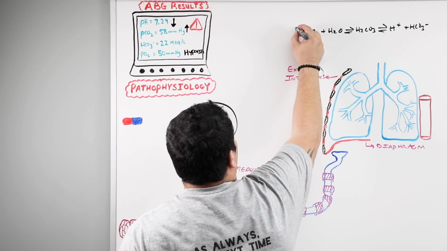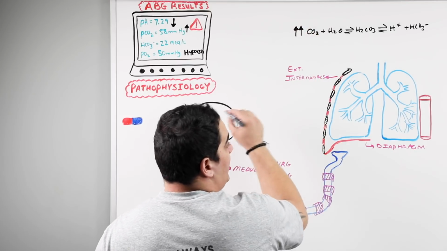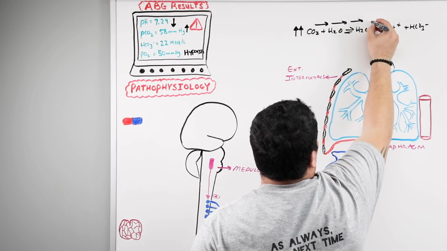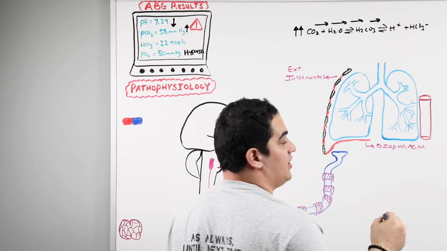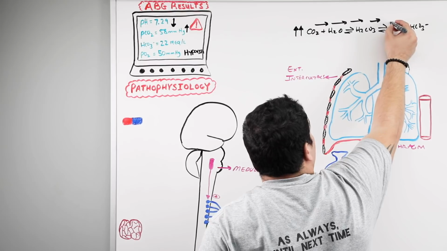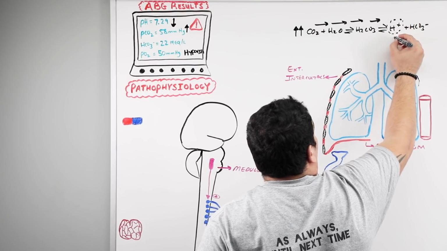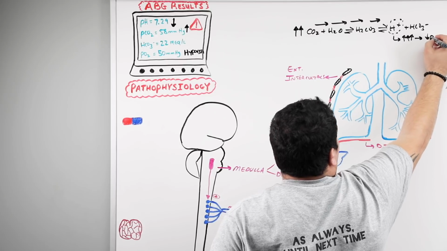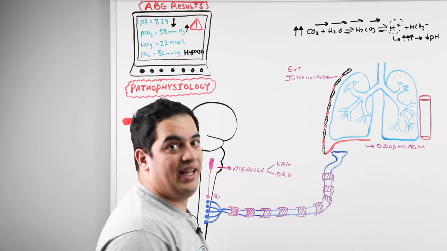So if I have a lot of CO2 built up for some underlying reason, which we'll talk about, it's going to cause this reaction to shift to the right and make more of what type of ion that's really causing the problem here? The protons. And these protons are going to increase in amount. And when they increase, what is that going to do to the pH? It's going to lower our pH.